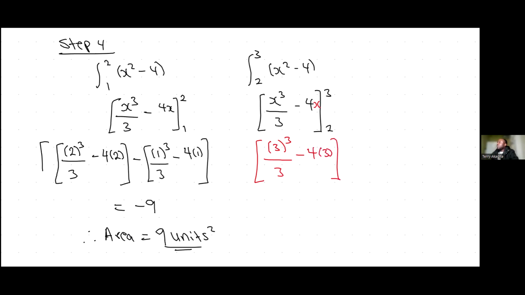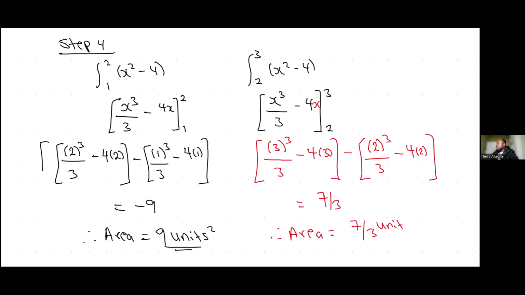Minus, when we substitute the lower limit 2, it's going to be 2 cubed over 3 minus 4, 2. You press the calculator, and this is going to give you 7/3. So therefore, the area is going to give us 7/3 units squared.